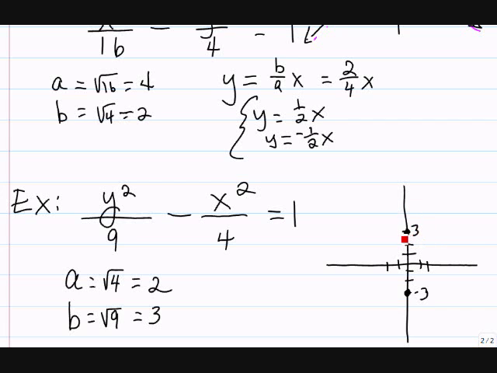I'm going to make a little rectangle that goes through the 3 and the negative 3 and through the 2 and the negative 2. I'm going to make asymptotes that go through the center and the corner of the rectangle.